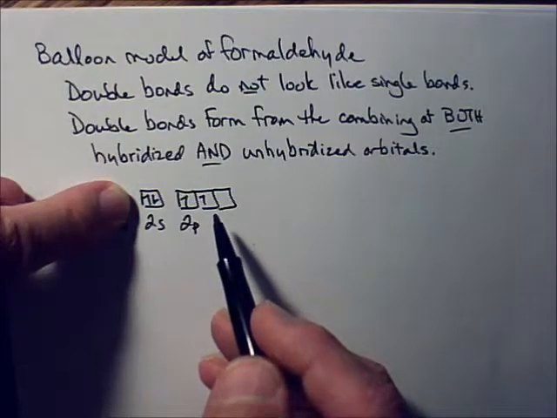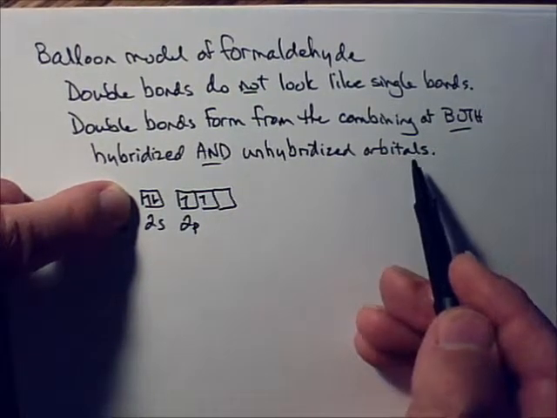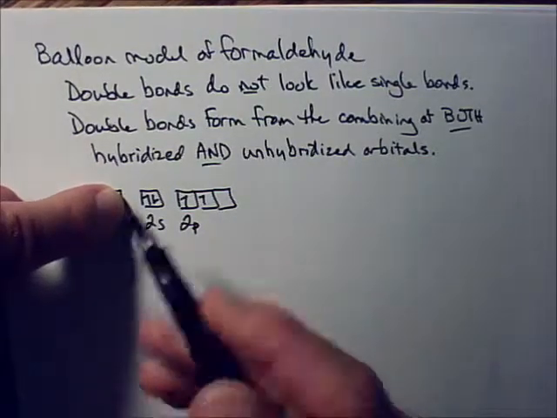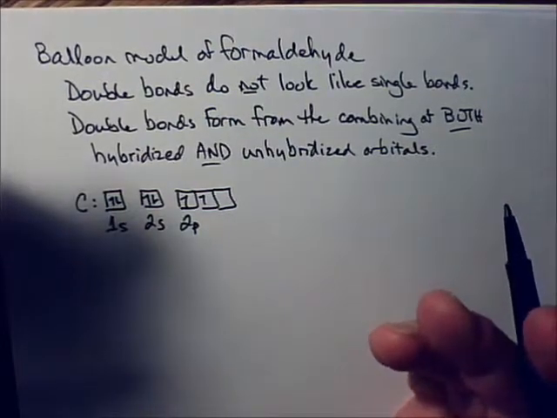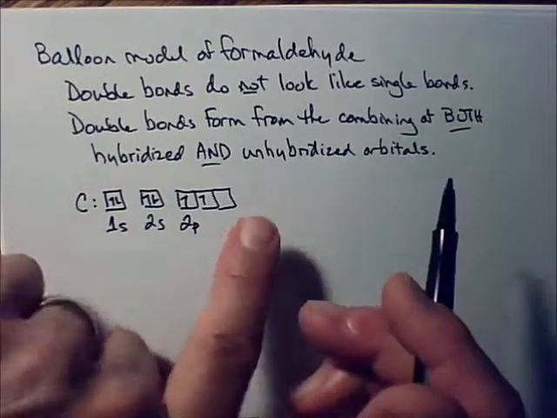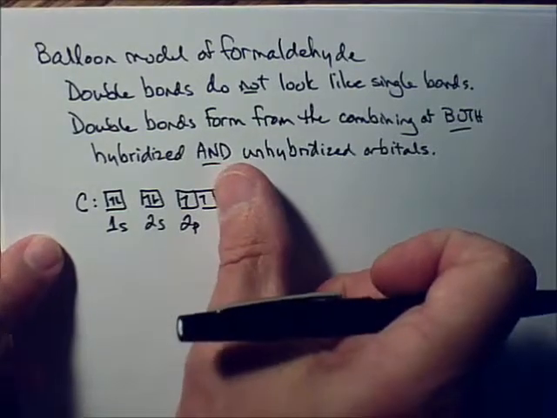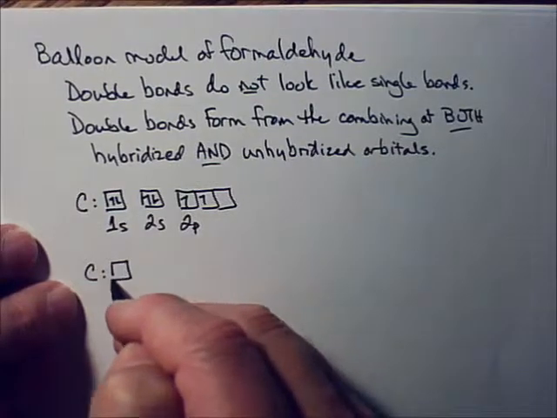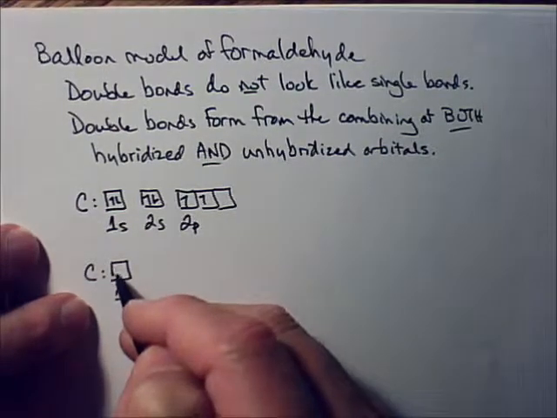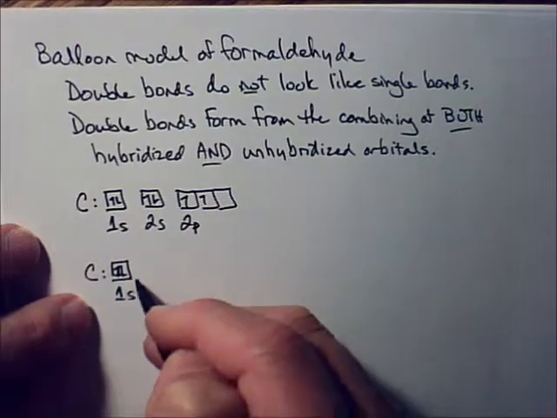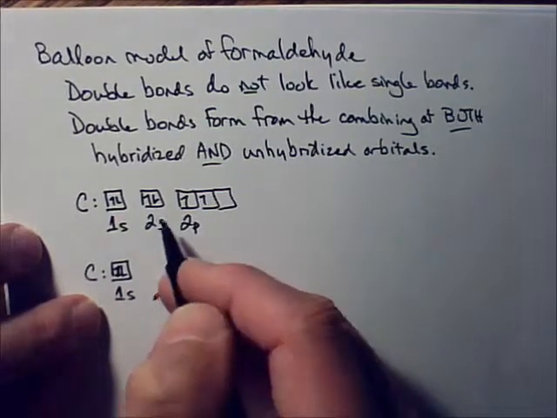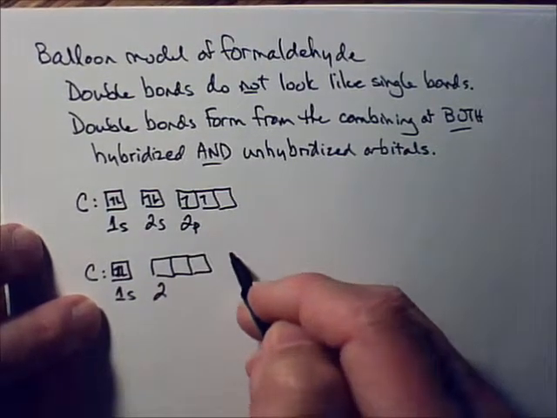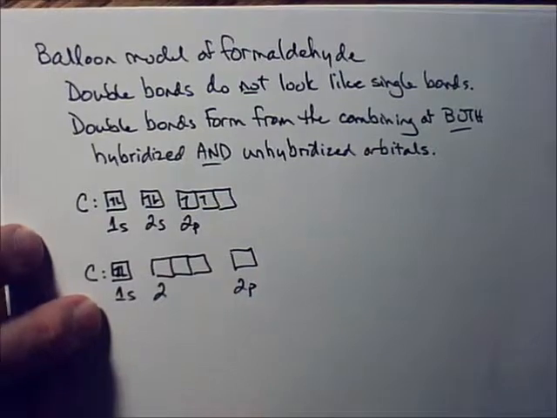But now we need some unhybridized orbitals. Now we're going to leave one of the P's alone and hybridize only two of the P's. So carbon's valence orbitals become this: one up, two, one down. We combine the S and two P's, and leave one of the P's unhybridized.